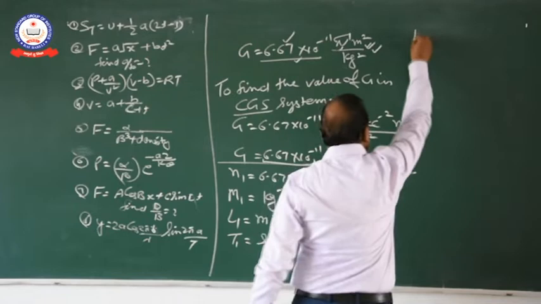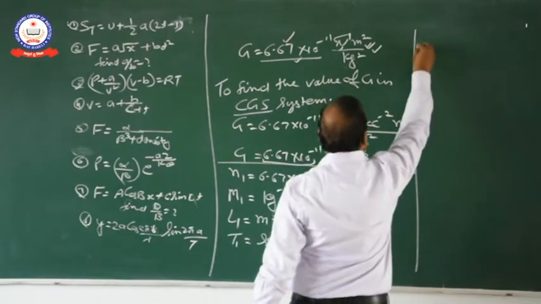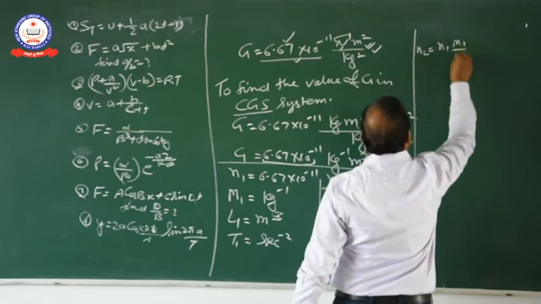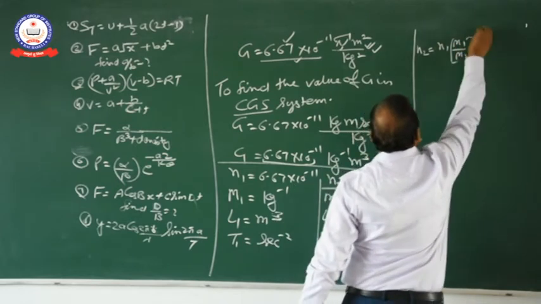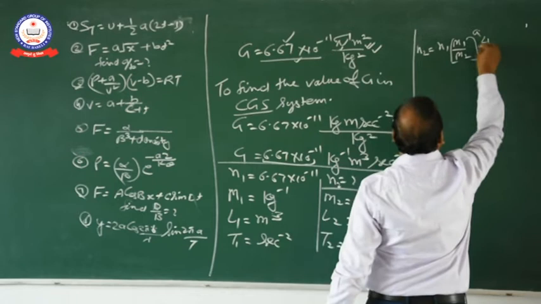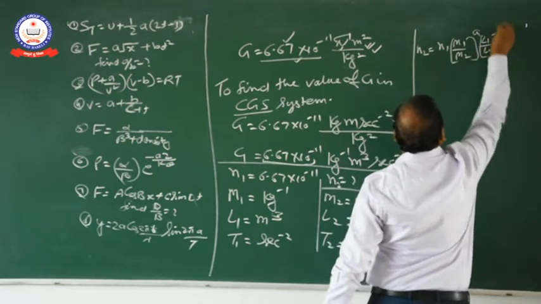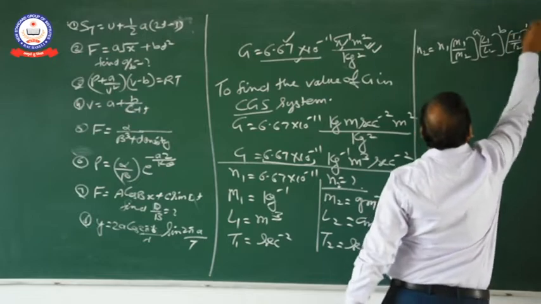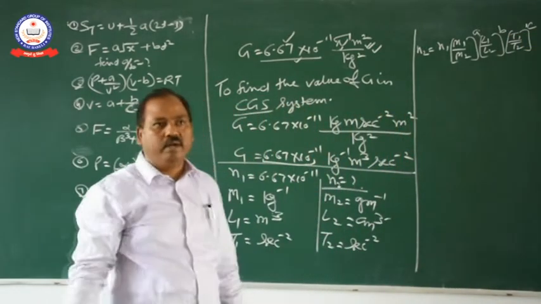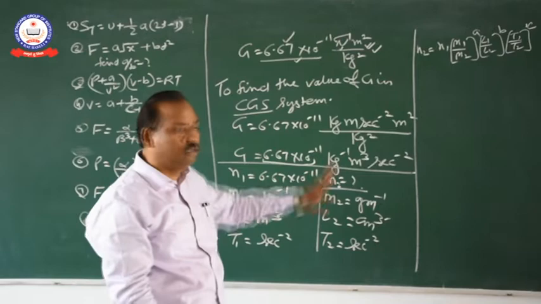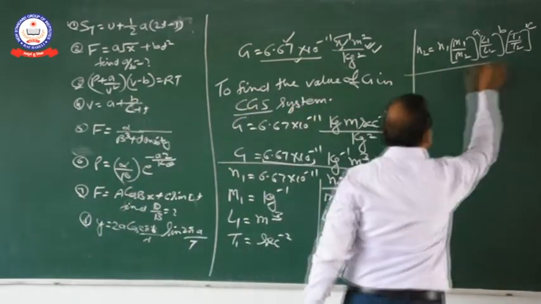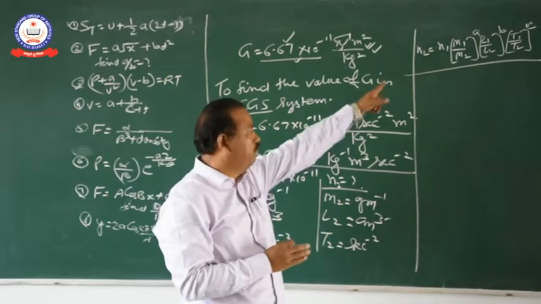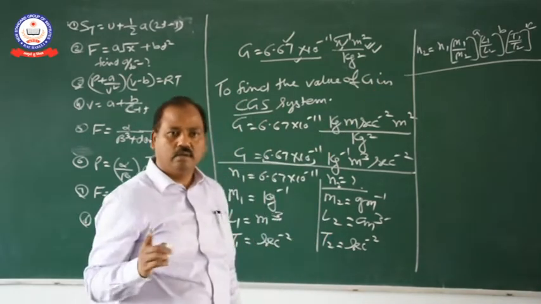So you use the formula N2 is equal to N1 times M1 upon M2 raised to power A, L1 upon L2 raised to power B, T1 upon T2 raised to power C, correct? All of you know in the previous lecture we derived this relation, okay?